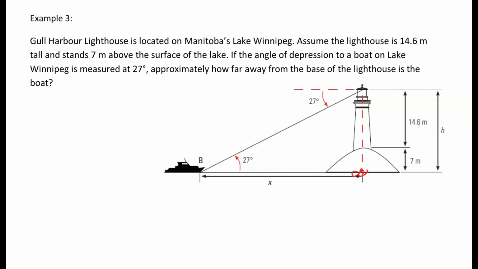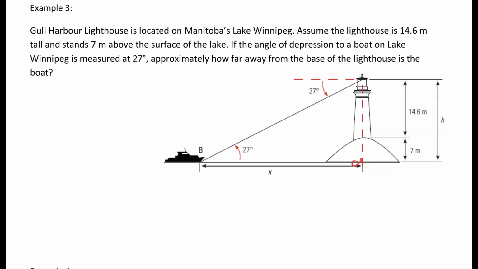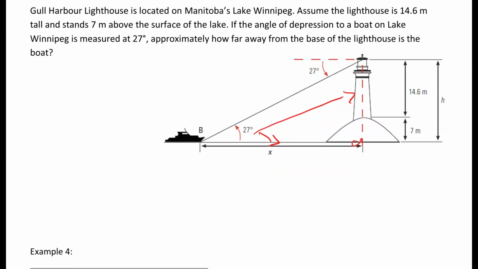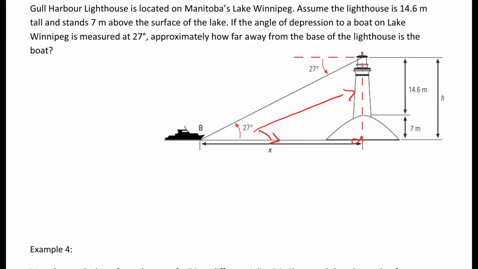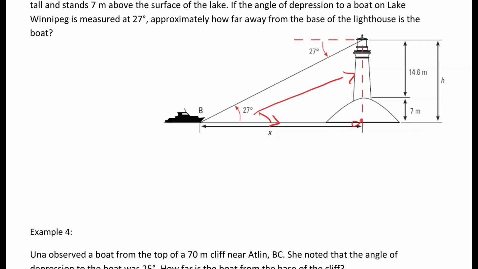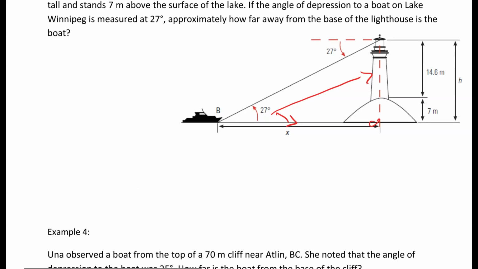So right here is our base of the lighthouse, and we're trying to figure out how far away it is from there. So what we need is we have our opposite and we have our adjacent. Well, we know the height of our lighthouse and the hill, so that'll give us our opposite, and we have to find out what our adjacent is.